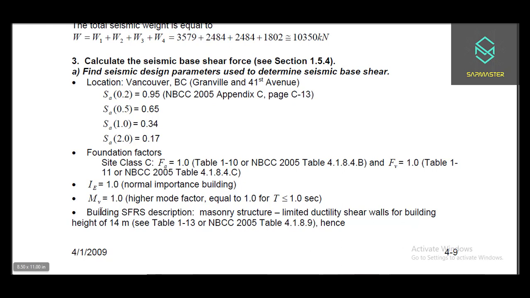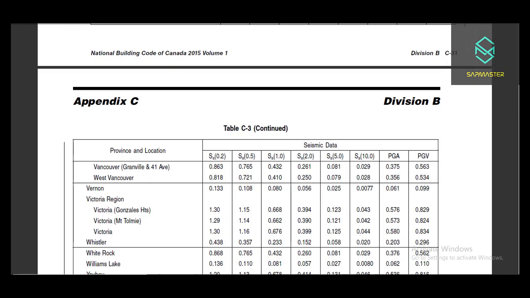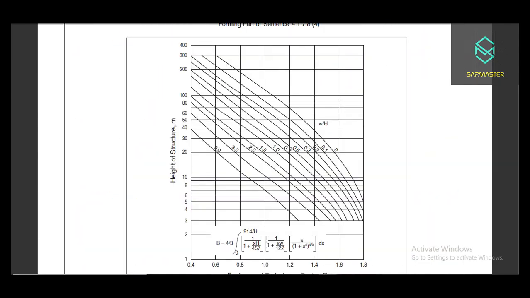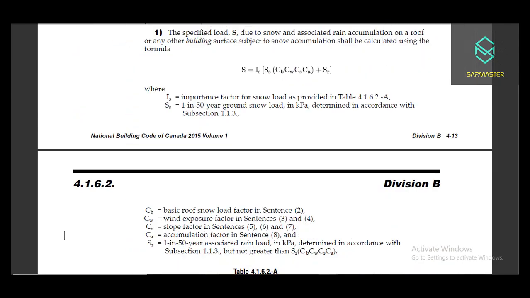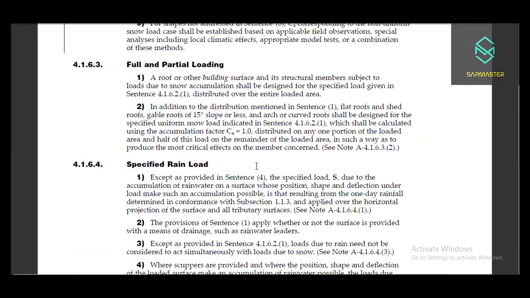And for MV, you need to find the higher mode factor, which is equal to 1 for a period of less than 1 second. You can also find all of them here. So if I search MV, I don't know if I will find it or not. No. Okay, so we have to go back to part 4, and let me do that now.